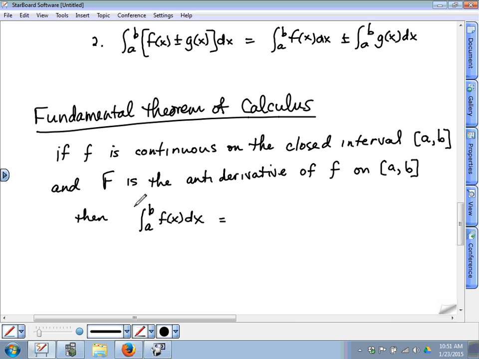The antiderivative. What is the antiderivative of f of x? Big F. Okay, so write a capital F. But we have bounds of integration. That's the fundamental theorem of calculus.